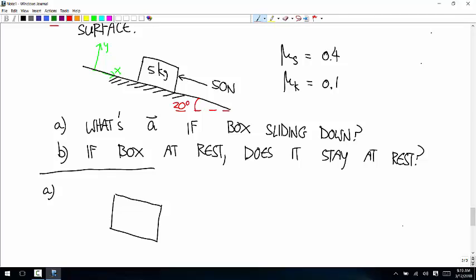Negative 5.7296. Negative 5.7. I hope you're right. So it means that it's slowing down.